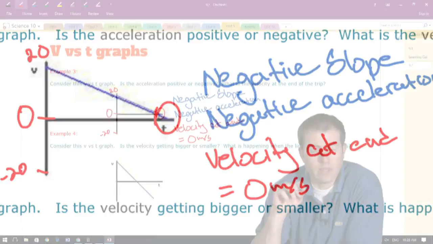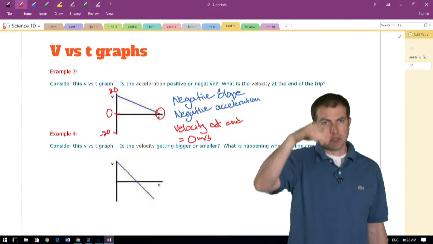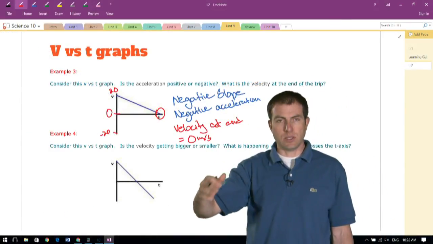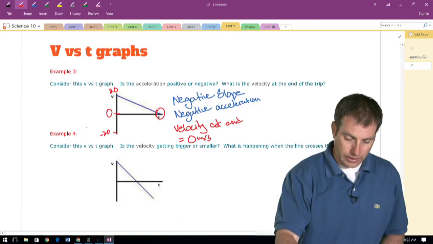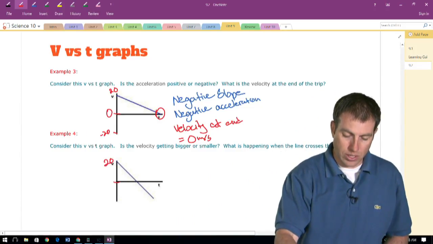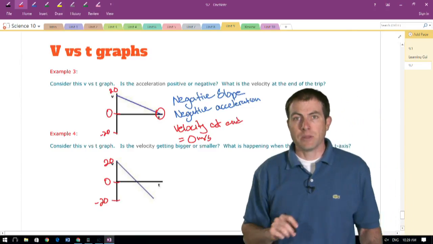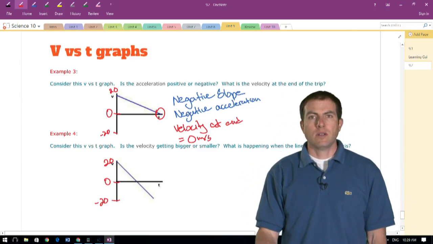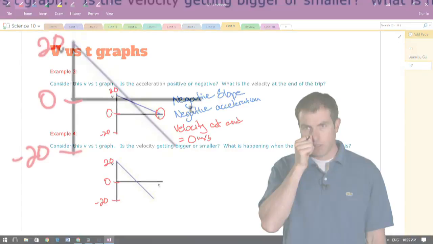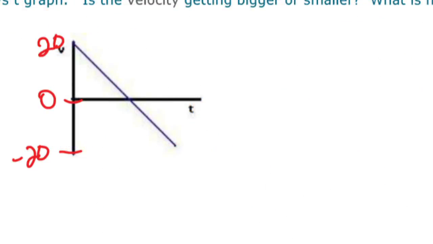Consider this one. So we have a velocity time graph where we start out really fast and then it goes to 0. And then again, we can put in imaginary numbers. We'll make that 20, we can make that 0, we can make that negative 20. So what's going on?